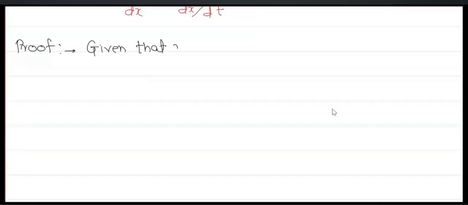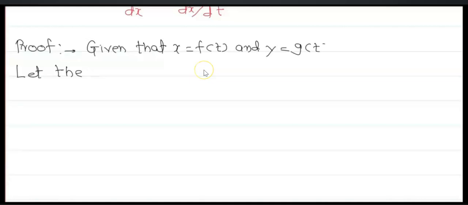Its proof is: given that x is equal to f of t and y is equal to g of t. x is a function of t, y is a function of t.